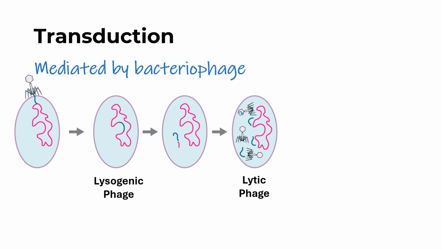At this stage in the process, it's called a lytic phage because eventually the cell will burst, allowing the new virus particles to be released and infect new cells. Those new cells, however, will receive the viral genome along with a piece of the original host cell genome. This then creates a recombinant organism.